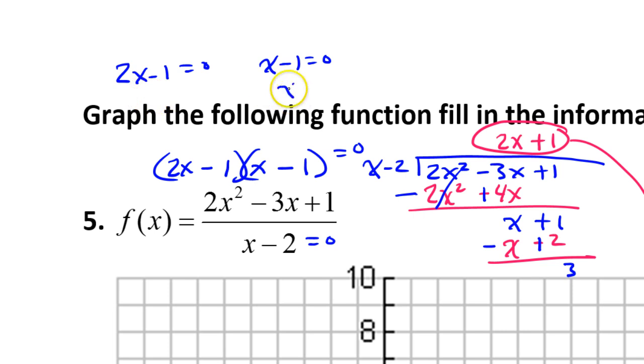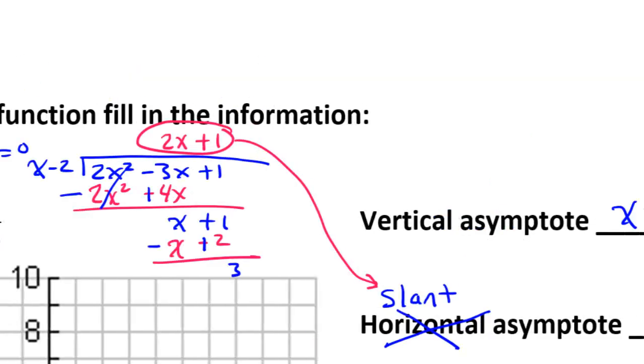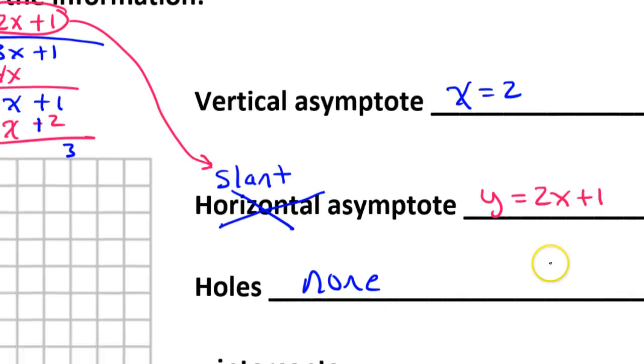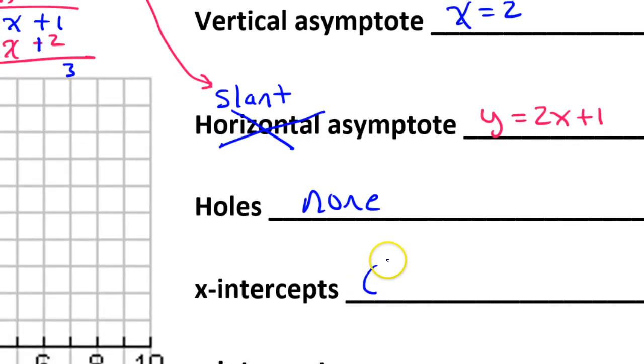So this is going to give me x equals 1, and this is going to give me 2x equals 1, and x equals 1/2, because I'm dividing by 2. So 1/2 and 1. So my x-intercepts are going to be 1/2 comma 0 and 1 comma 0.